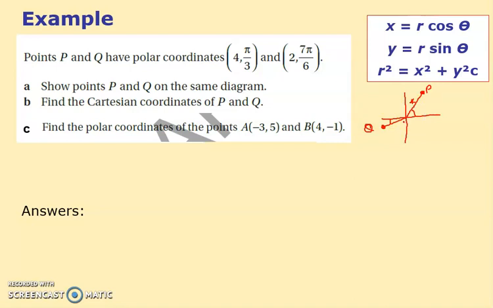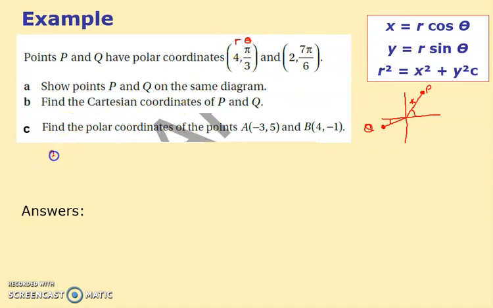Then it says, show the points P and Q on the same diagram. I've done that. Find the coordinates in Cartesian form of P and Q. Well, it's relatively straightforward. You can use your calculator to cheat a little bit, but you can also do this using these equations. For this point, that's r, that's theta.